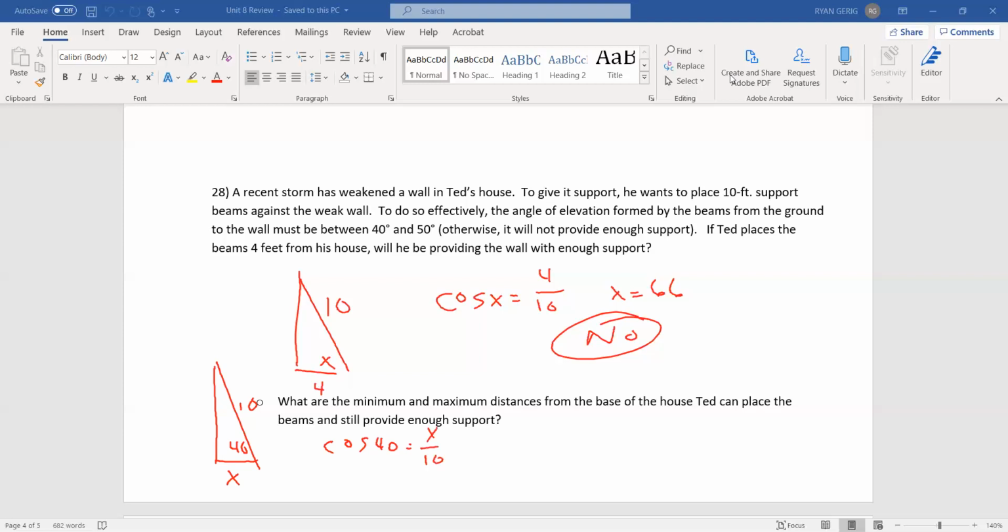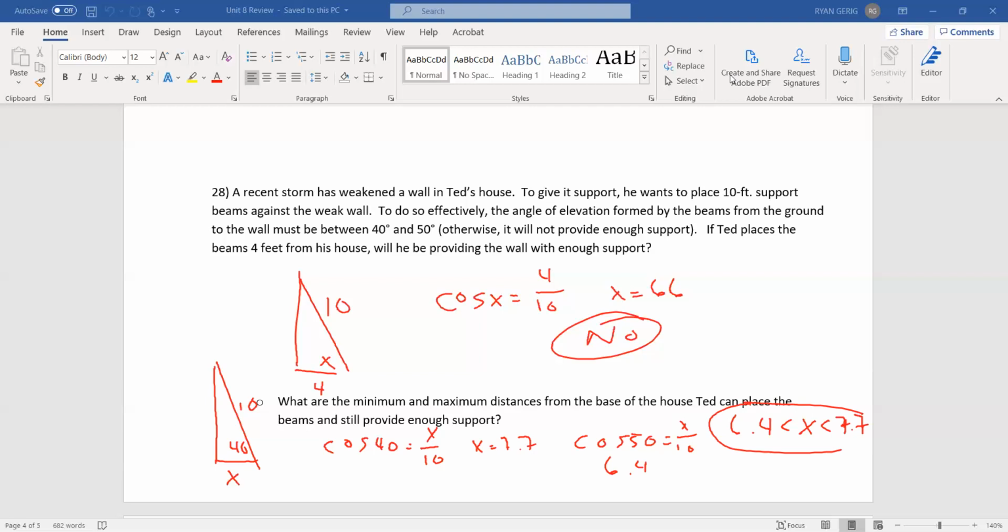So 10 cosine 40 is 7.7. And then 50. We want to do 50 as well. So 10 cosine 50 is 6.4. So it's got to be between 6.4 and 7.7 feet from the base of the house.